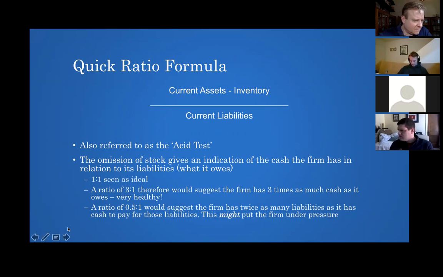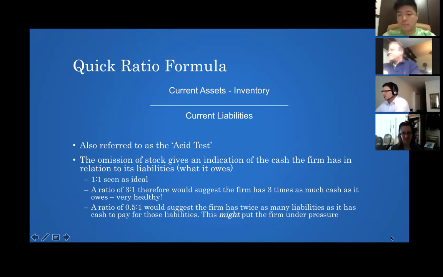So a quick ratio is also referred to as the acid test. And just to illustrate, it's a good indication of the cash the firm has in relation to its liabilities, what it owes, basically.